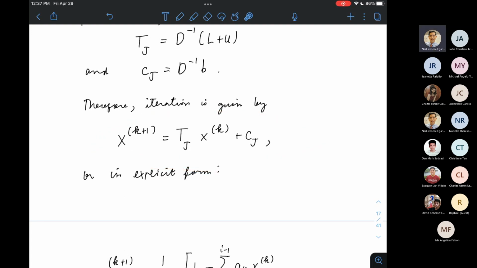For some initial condition x upper 0, but that's fine because as long as the spectral radius of the Jacobi matrix T sub j is less than 1, then sure tayo na nagko-converge to kahit ano pa yung starting condition na piliin natin. Okay? So this is the matrix form or the vectorial representation for the Jacobi method.